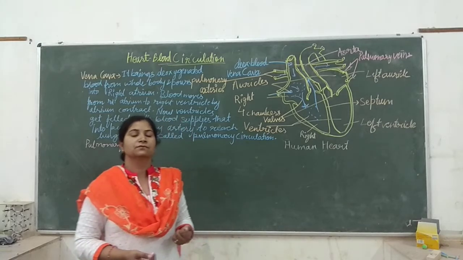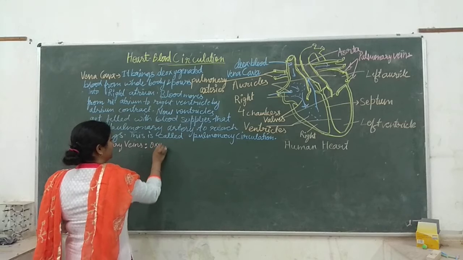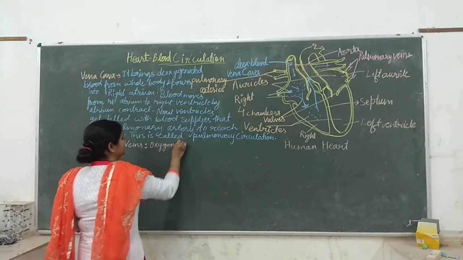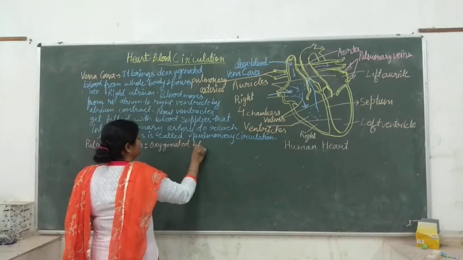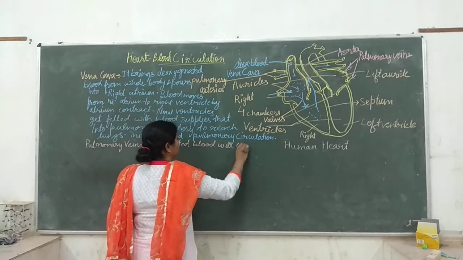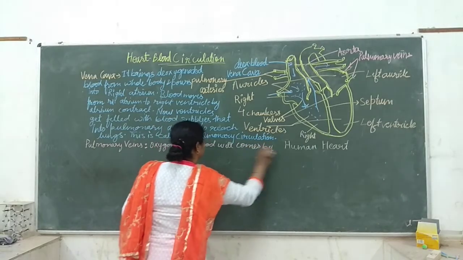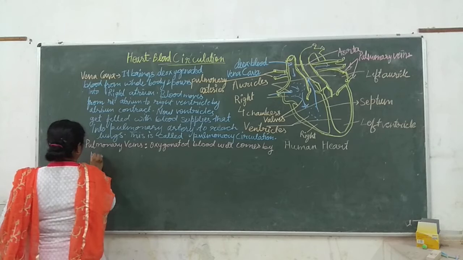The gas exchange of the blood will occur, and then the oxygenated blood will come by pulmonary veins.